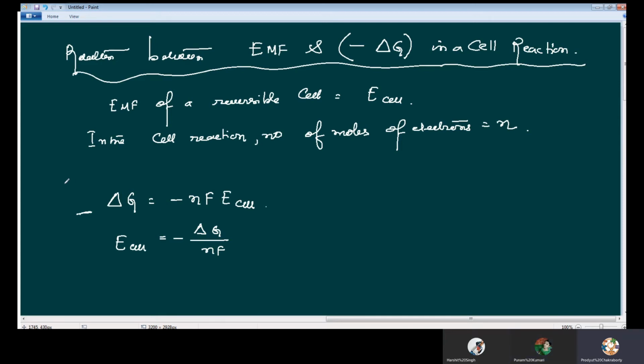So del G equals minus the number of electrons, Faraday constant, and the EMF of the cell. So this is the change in Gibbs free energy.